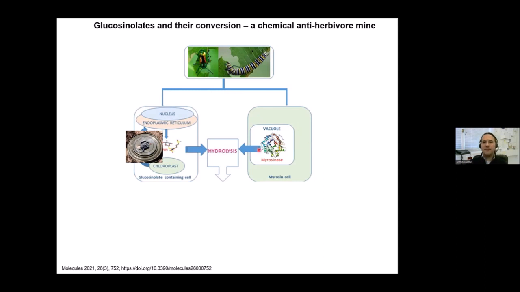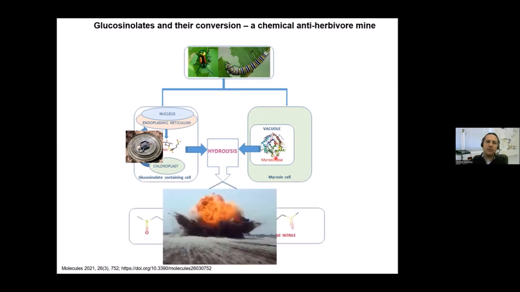And then there are cells which contain the enzyme which can trigger the explosion and the release of the toxic compound. And then if you bring them together by a chewing insect, which is breaking through all the compartments, then the chemical compounds are released and inhibit the digestion of these pathogens, in this case of these pests.